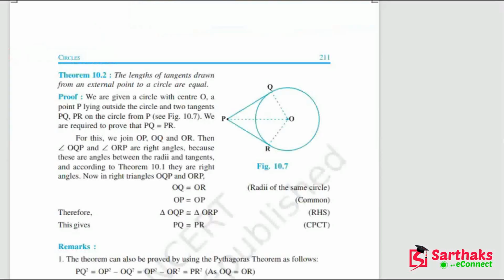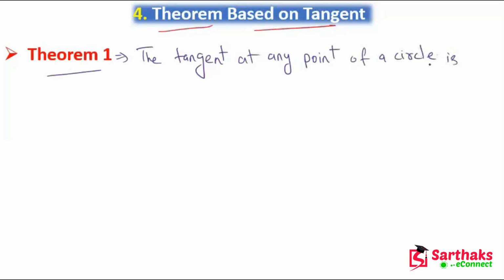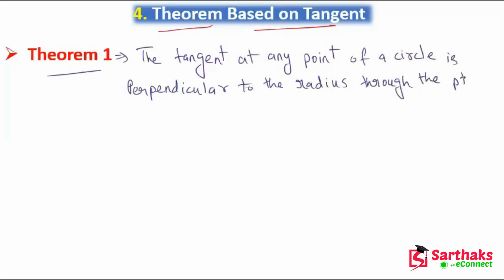The first theorem is: the tangent at any point of a circle is perpendicular to the radius through the point of contact.